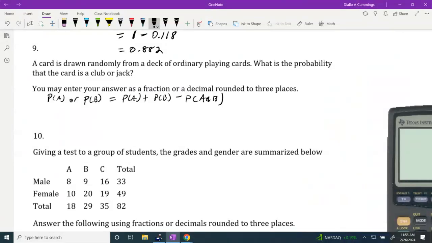Okay. So just to write this out in words so you can see it a little bit better.